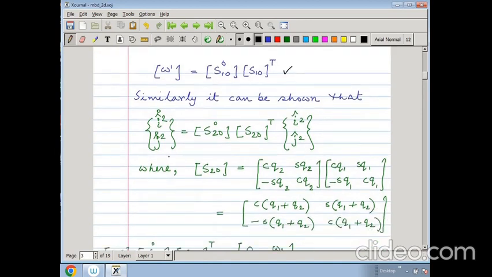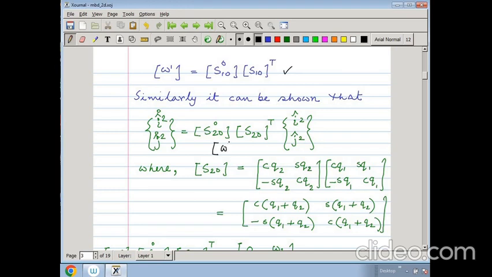And similarly, what would be I2 dot J2 dot? That would be simply, in place of S10 it will be S20 dot S20 transpose I2 J2. So here we will get the omega 2 matrix.